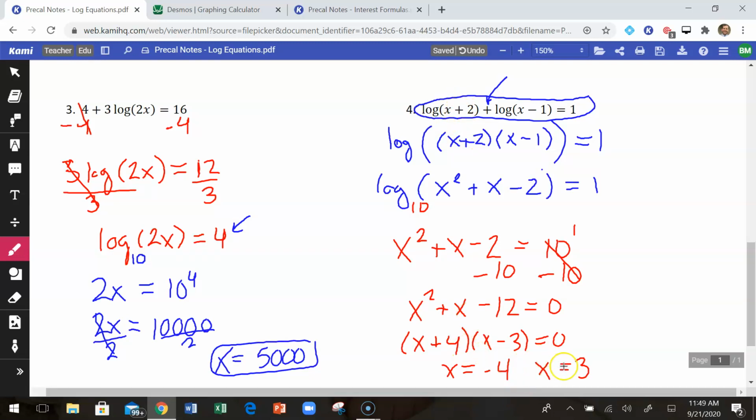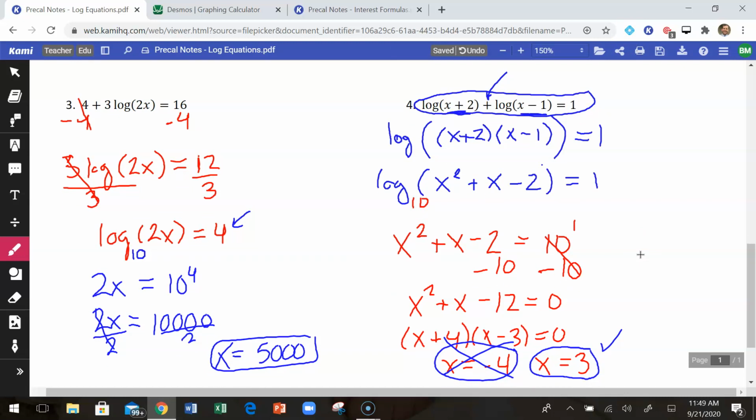So if I were to plug in negative 4 or positive 3 for x, would I get a negative number or 0 inside of my log? With negative 4, the answer is yes. So I cannot say that x equals negative 4. It makes the inside of each one of these logs a negative number, so that does not work. But 3 is an okay answer. 3 would not give me a negative inside the log.